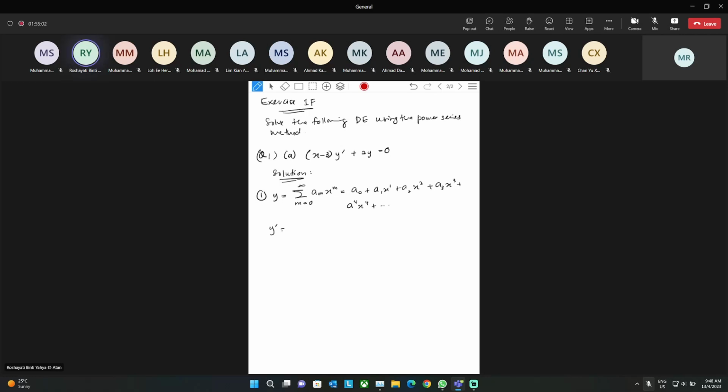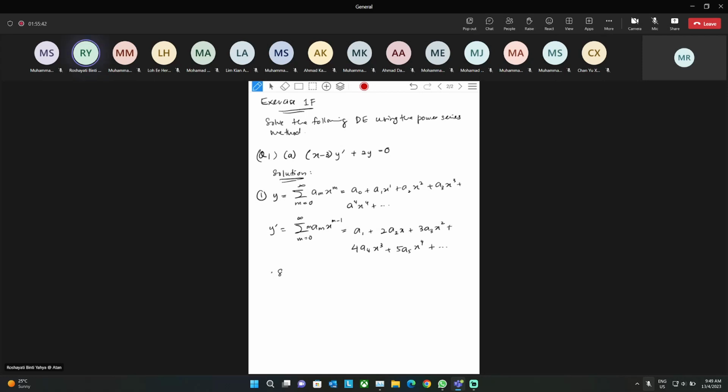Y prime equals the summation of m a_m x to the power of m minus 1, from m equals 0 to infinity. So for this one you will get a1 plus 2a2x plus 3a3x squared plus 4a4x cubed plus 5a5x to the power of 4 plus dot dot dot.